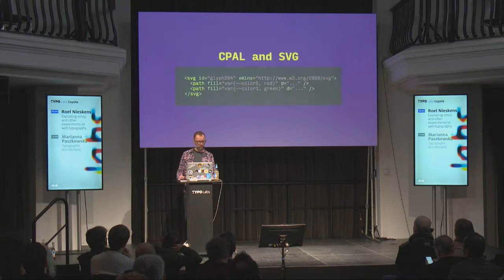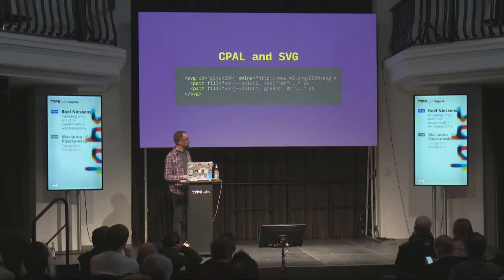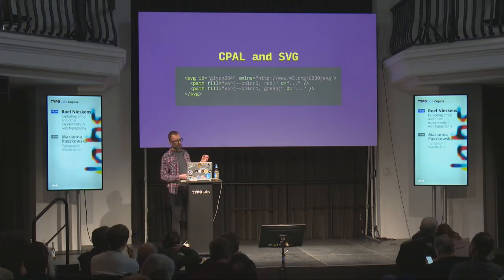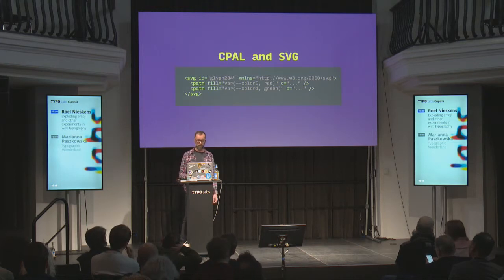In SVG, something similar happens. It's supposed to work like this, but there are no real implementations that I can test this against. But you can say I have a path in there, a shape, and I want to feed it color number 0 from the CPAL table, and if that's not available, use the color red.